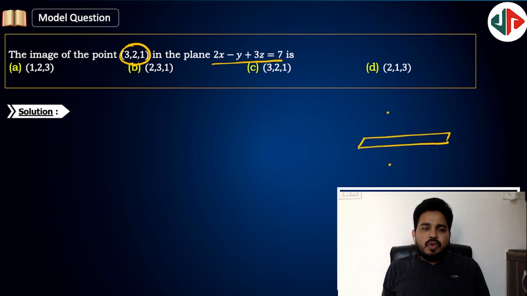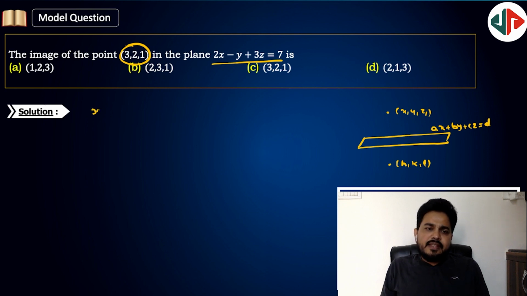Okay. So if this point is x1, y1, z1, this point is h comma k comma l, and this is the plane ax plus by plus cz is equal to d.